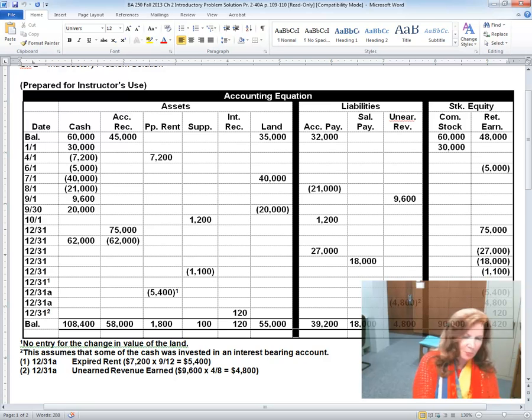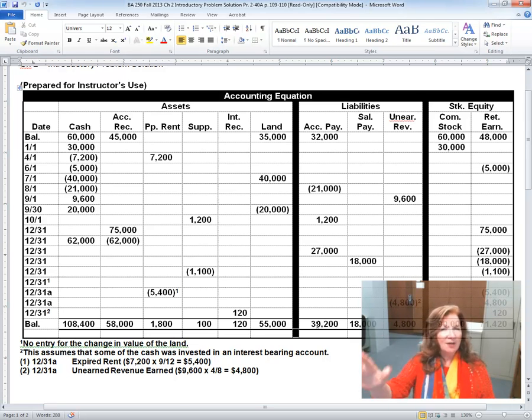All the questions pertain to the 2014 financial statements. Record the events in the general ledger accounts under an accounting equation before answering the questions. So they're warning you to be sure that you enter all of these and get these totals. You don't just set off trying to answer these.